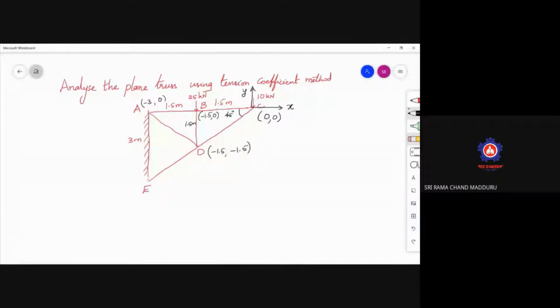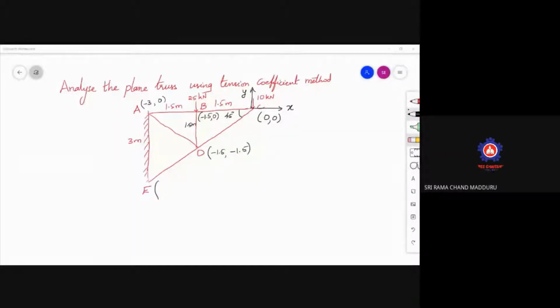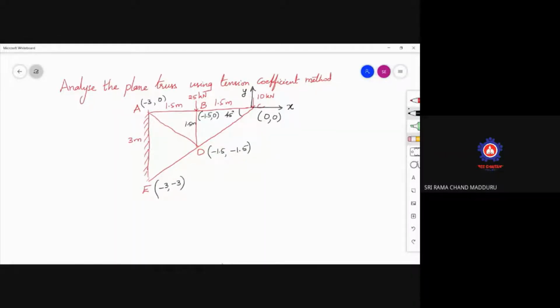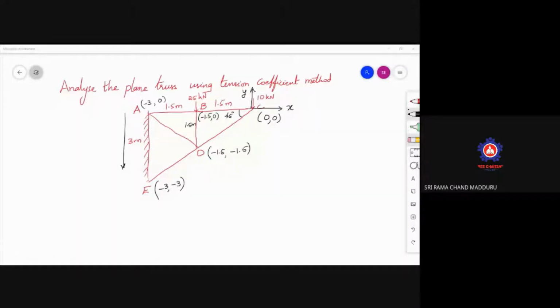If you go to point E, along the x-axis this is minus 3, and along the y-axis, minus 3. Coordinates at E are minus 3, minus 3.